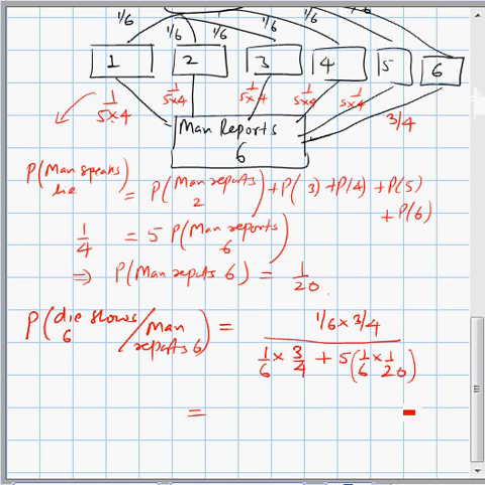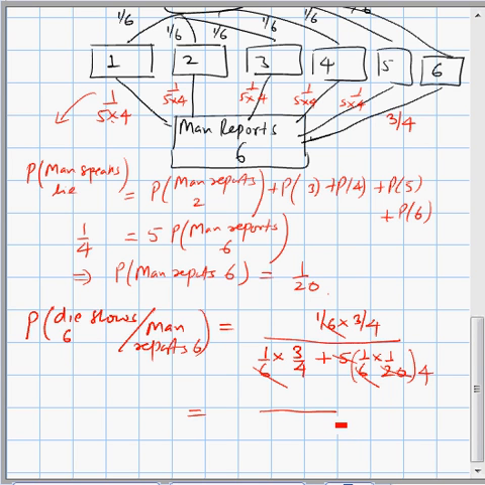So you can see we can cancel 6 here. We can cancel 5 also. We can take LCM.